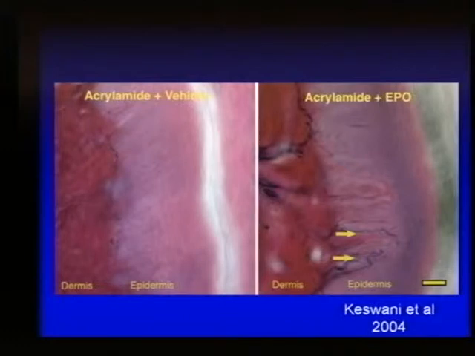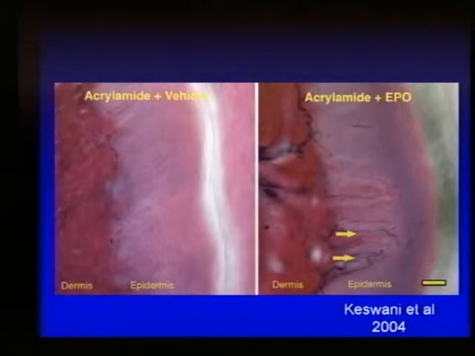Then we moved to an animal model, and essentially we tried to create as pure a model of axonal degeneration as we could, and the one that's known in the literature is the rodent acrylamide toxicity model. So basically rats are given acrylamide, and this causes axonal degeneration of both sensory and motor fibers. So these rats have limb weakness, and in our model have neuropathic pain as well.